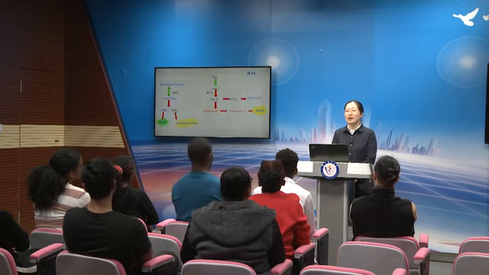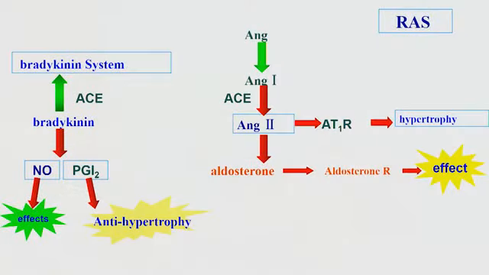In this part, the renin angiotensin system, we studied two inhibitors. One kind is ACEI. The prototypical agent is captopril. Just now we studied this kind of drug's pharmacological effects, clinical uses, and adverse reactions.